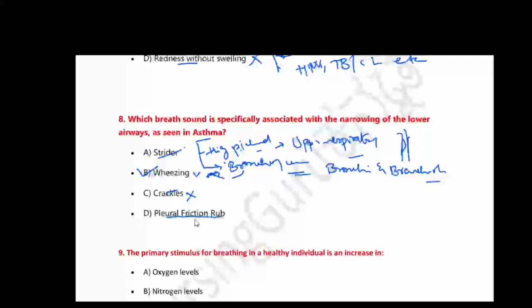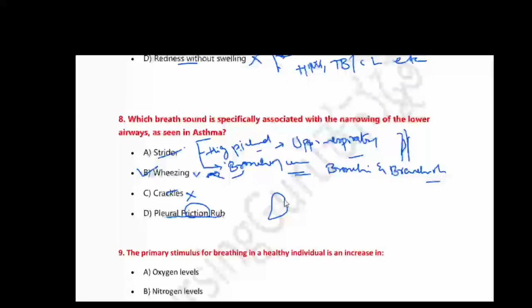These two layers are the protective layers of lungs. Think that these are lungs. Outside the lung, there are two layers, that is pleura, visceral and parietal layers. When these layers rub, they produce a sound called pleural rub.